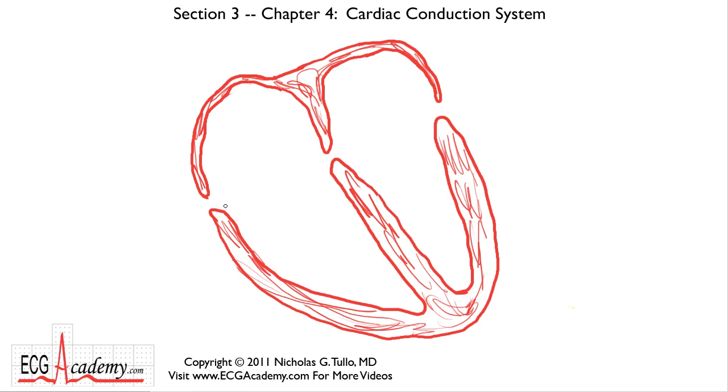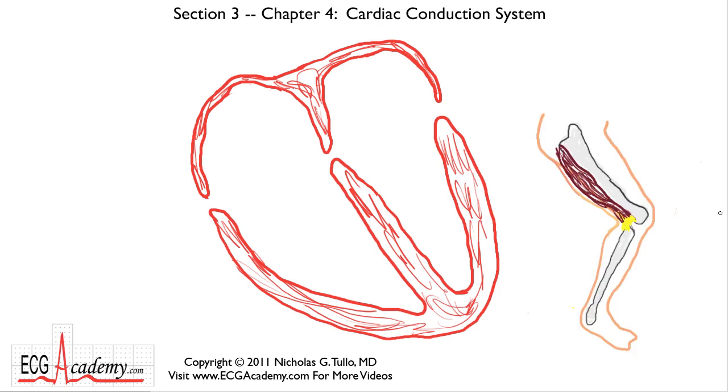The muscle of the heart is connected to the fibrous skeleton of the heart, and people look twice and say, "What do you mean fibrous skeleton? What are you talking about? There are no bones in the heart." Well, if we think about the muscular system, and let's say here's a diagram of the bone in the leg, the upper leg and the lower leg, and you've got this muscle connected by tendons to the lower leg bone.